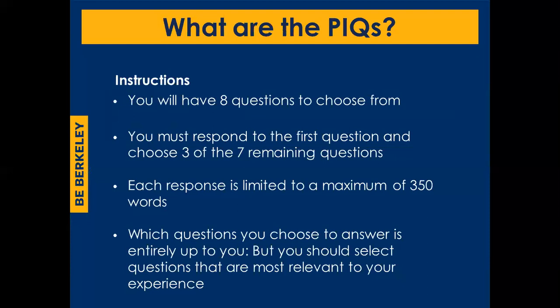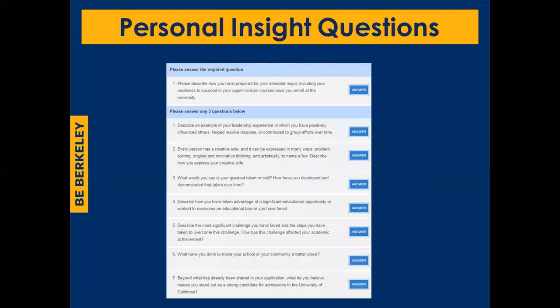And then which questions you choose to answer is entirely up to you, right? We don't have any preference in terms of one question being more effective than another question. What we're looking for is for you to answer the questions that are most relevant to your experiences and the questions that are going to provide us the most context and information and insight into who you are.